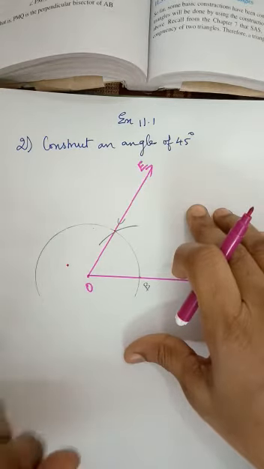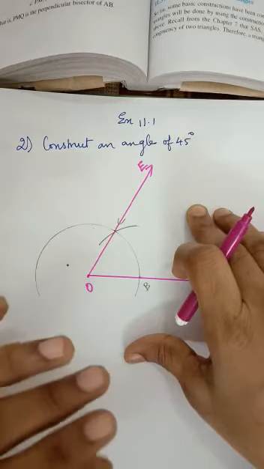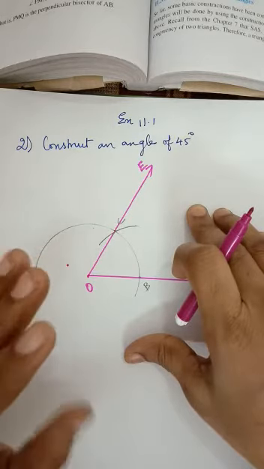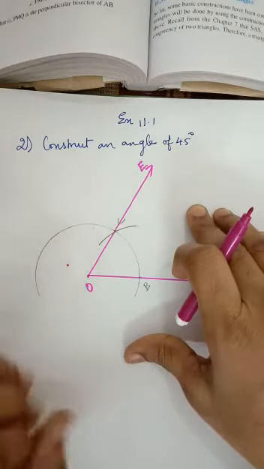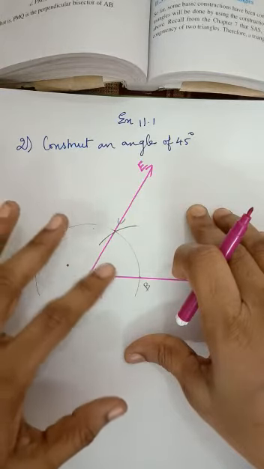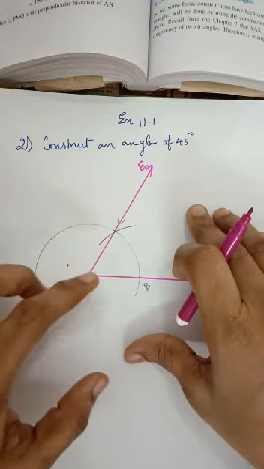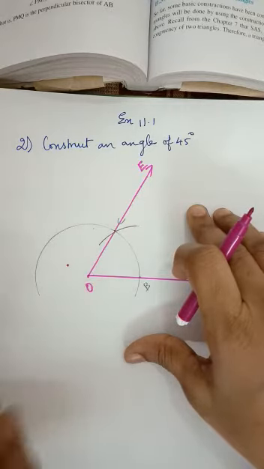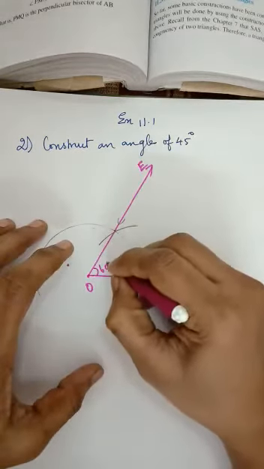Is it clear? This is the only way we have to construct it. So first here I have drawn an angle of 60 degree. This is 60 degree already, you know that.